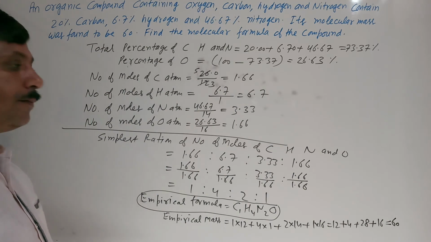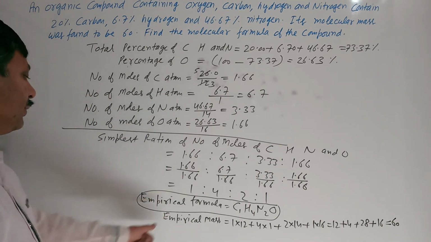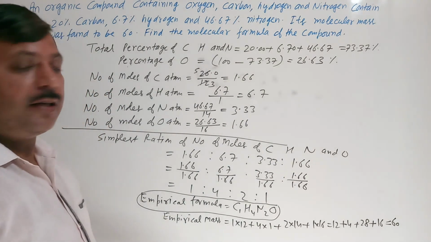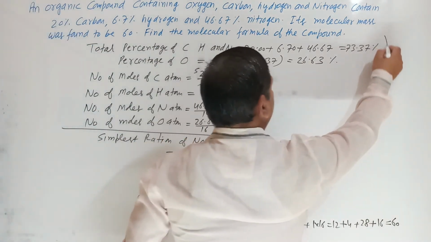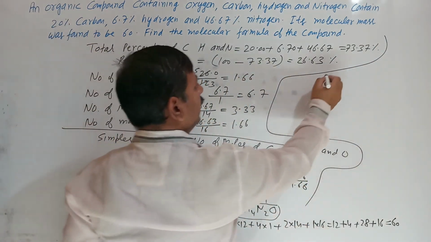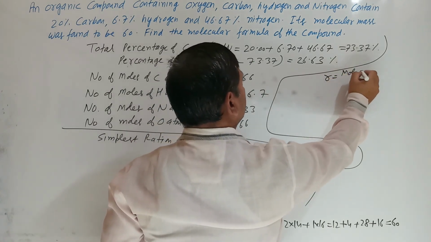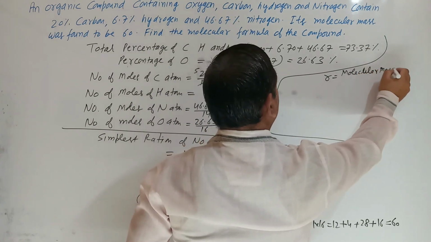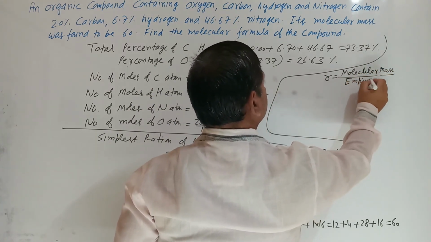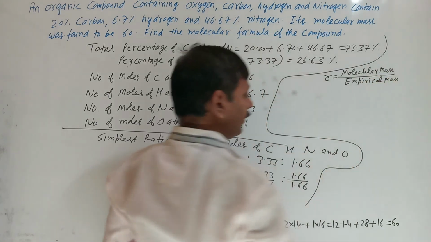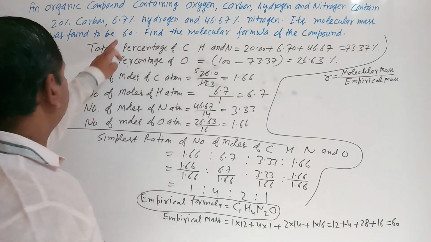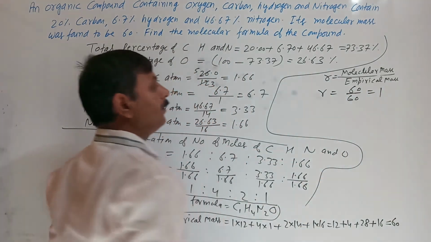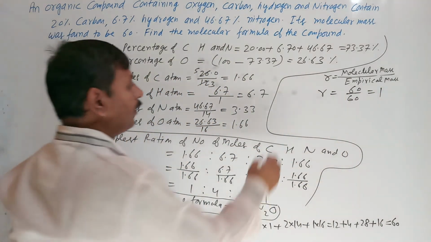What is the ratio of molecular formula to empirical formula, R? What will be the ratio? R is molecular mass divided by empirical mass. Molecular mass they have given is 60, upon 60, so that will come 1. So what will be the molecular formula?